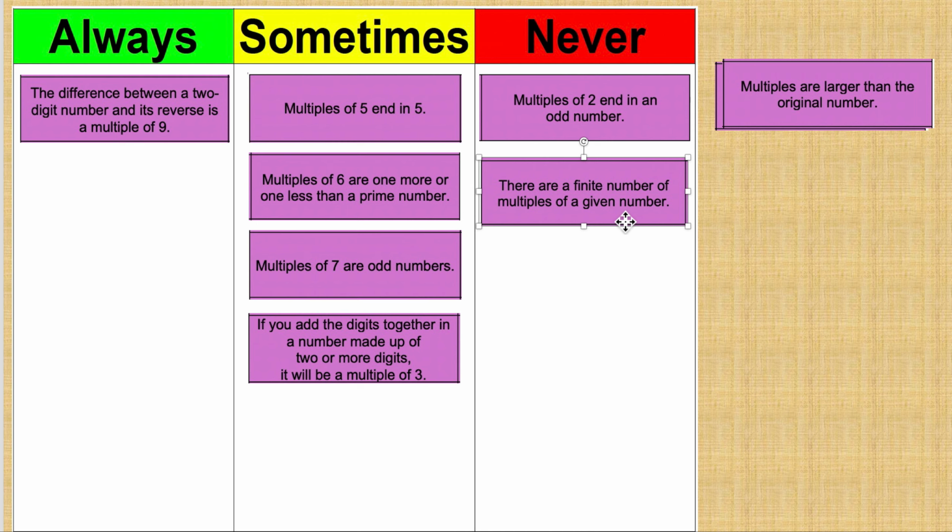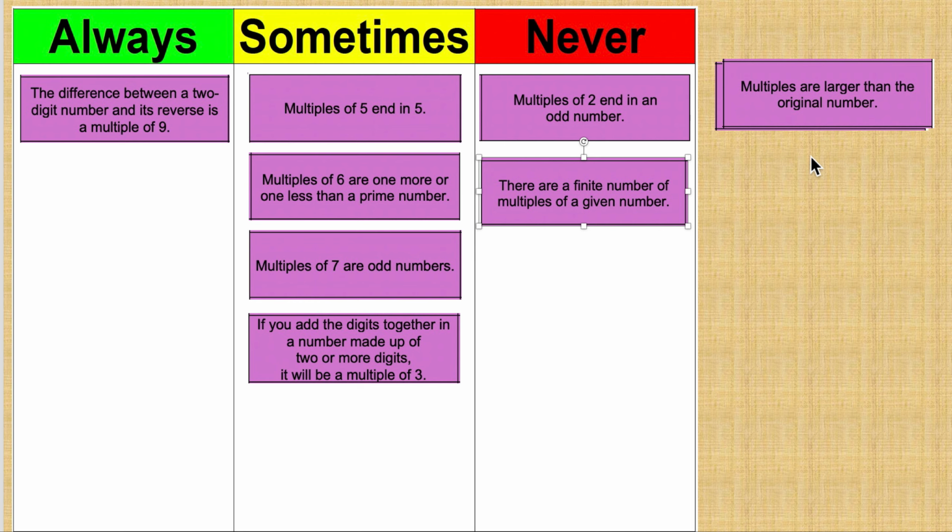Multiples are larger than the original. This is an example where I put in a question that I want kids to be able to argue a little bit about. So if you interpret this question to mean that multiples only consist of the products of the number and other numbers of 2 or greater, so if I'm talking about the original number n times 2 times 3 times 4 times 5, then those are multiples.